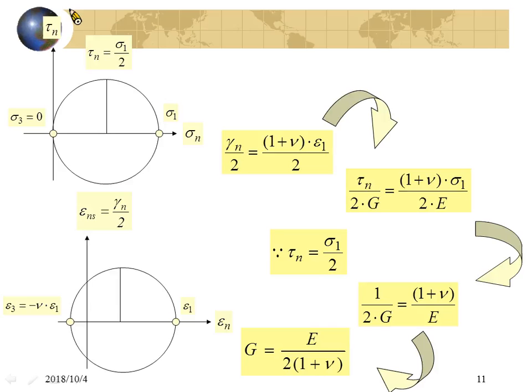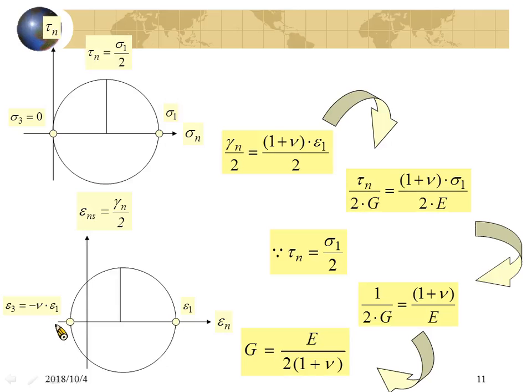First of all, if you have a uniaxial compression test, you will have sigma 3 equals 0 and sigma 1, correct? And you can plot a Mohr circle. Please remember, if you have normal stress in direction 1, you will produce normal strain in direction 1, and you will produce normal strain in direction 3 as well.